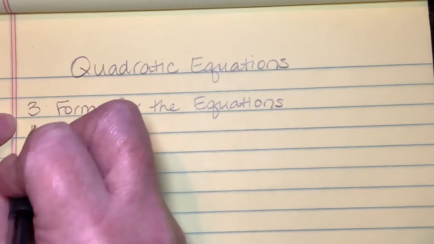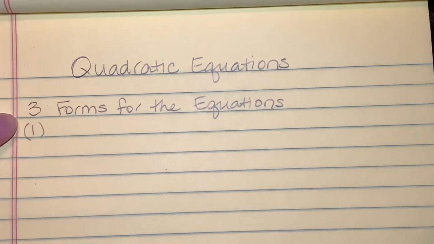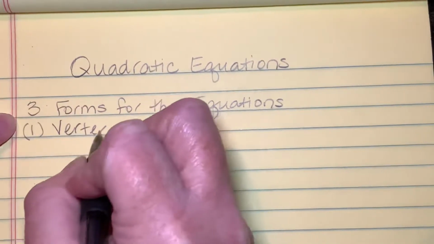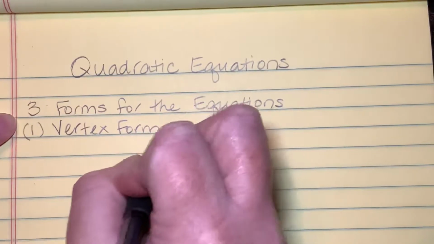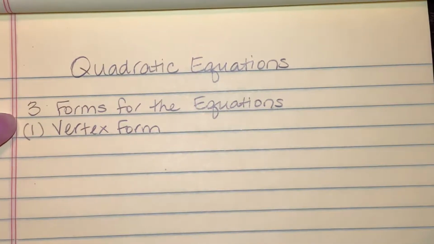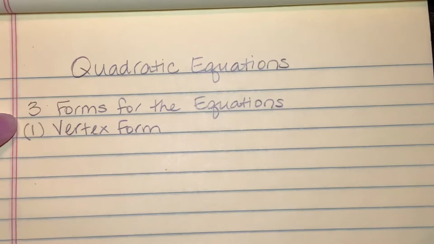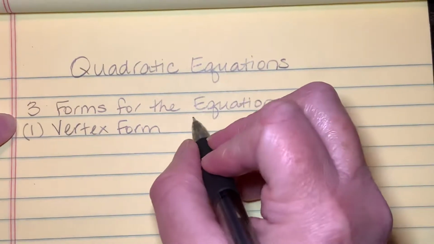The first form that we're looking at is vertex form, of course, because that's the worksheet that you have. Vertex form is a form that you are familiar with. Remember the green packet that we did before Christmas where we did all the transformations and stuff, we were moving parabolas around. And vertex form is our AHK form.